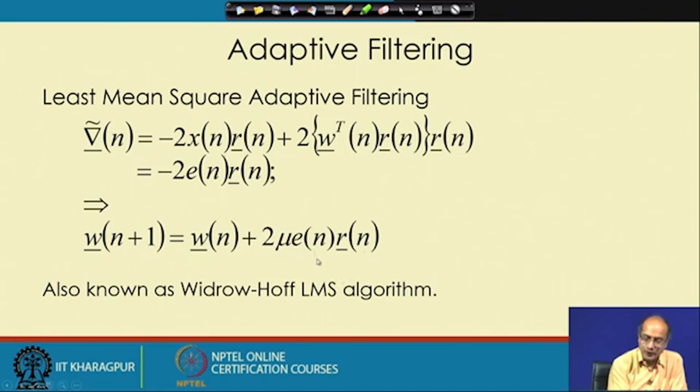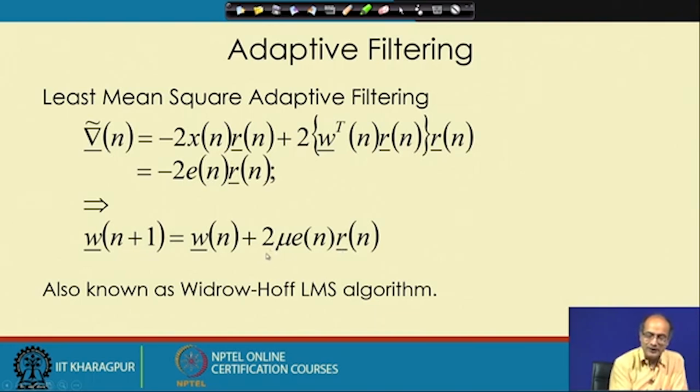So, if we take the product of these two and scale it by 2 mu, that gives us the change in weight.